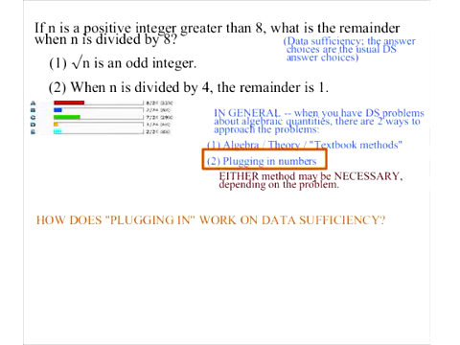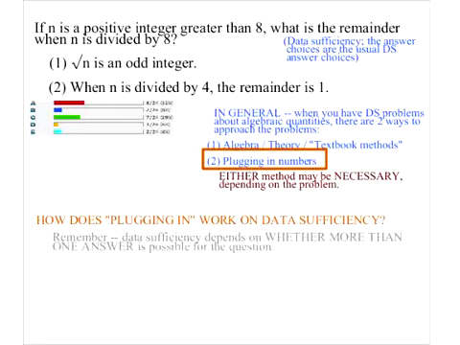Well, here's how it works. You have to remember what data sufficiency is in the first place. Data sufficiency depends on whether there is a single answer to the question or more than one answer to the question. You're not going to find that out if you only plug in one possibility.